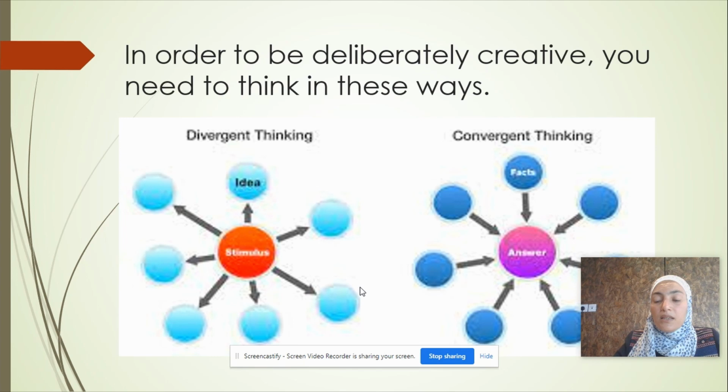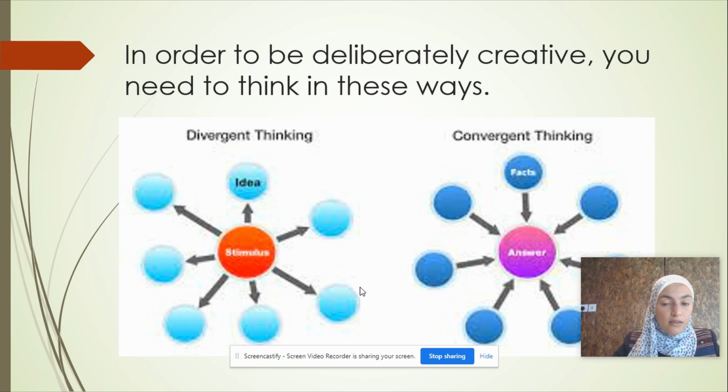The main point here is to generate as many ideas as you can. Convergent thinking is about selecting ideas, sorting ideas, testing and refining ideas, making those ridiculous, foolish sounding and exciting ideas useful. So here we are talking about generating ideas, and about evaluating and sorting ideas.